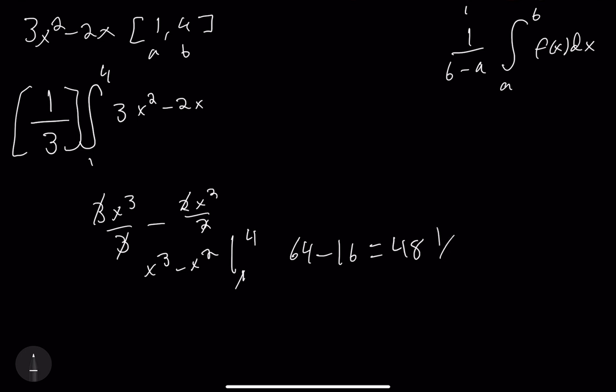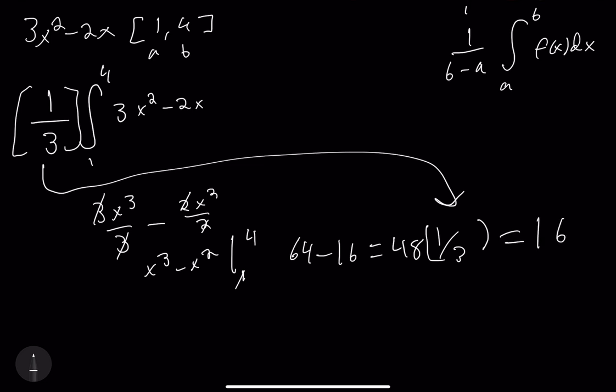Okay, and then you're going to times that by 1/3. Like we said, we'll bring this all the way back over. And that will give us our answer of 16, which will be our average.